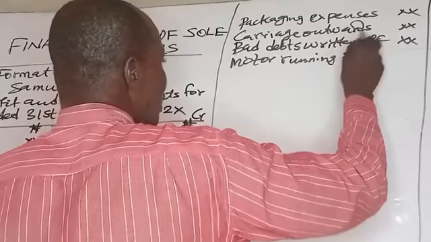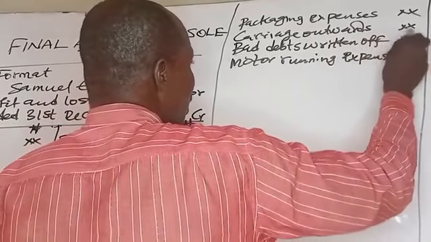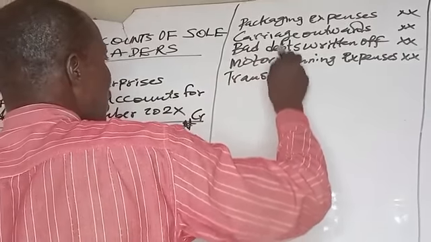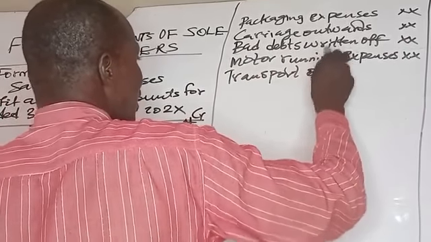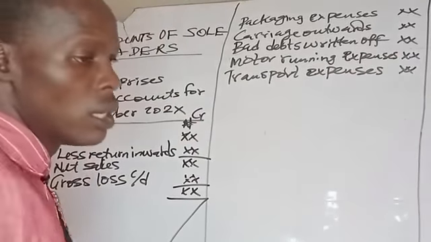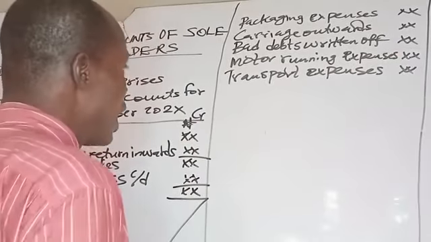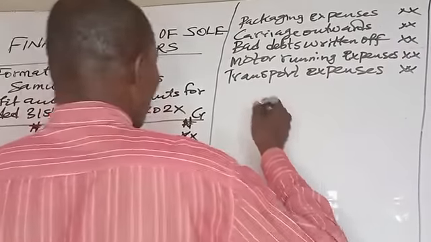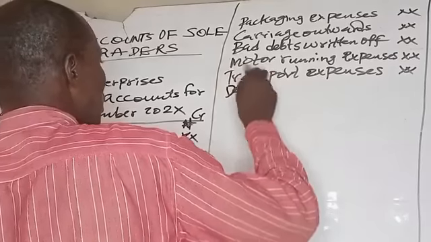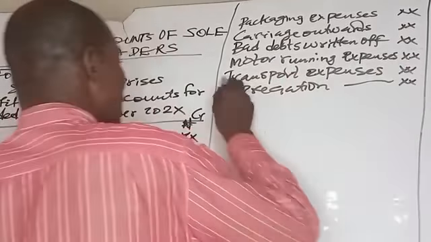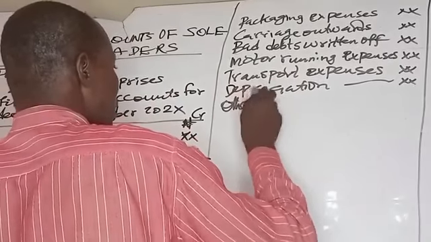You may have transport expenses. You may have carriage. Okay, I've written carriage outwards. Then depreciation. Any other expenses, let me say others.